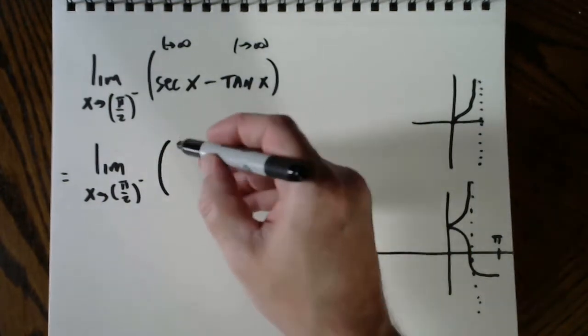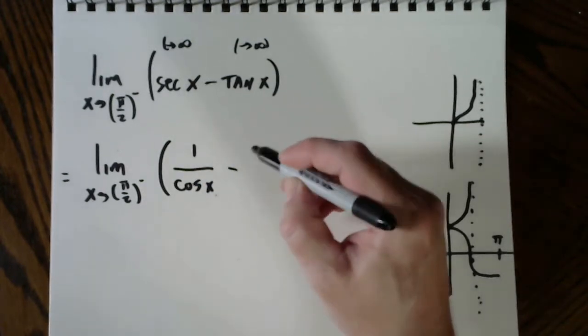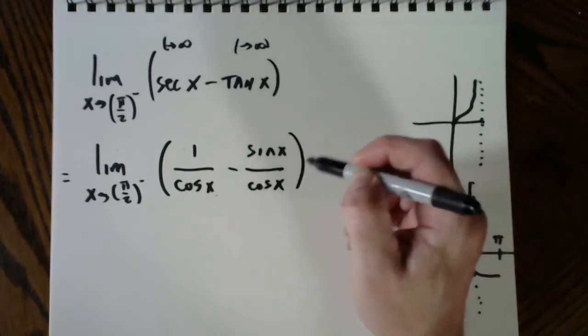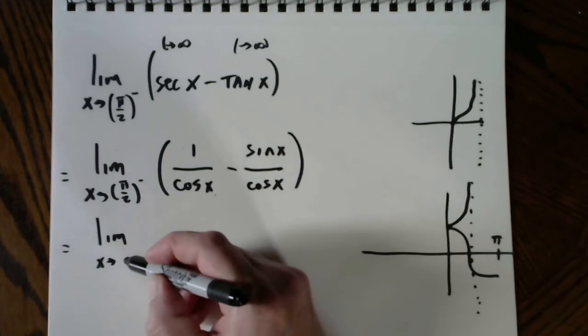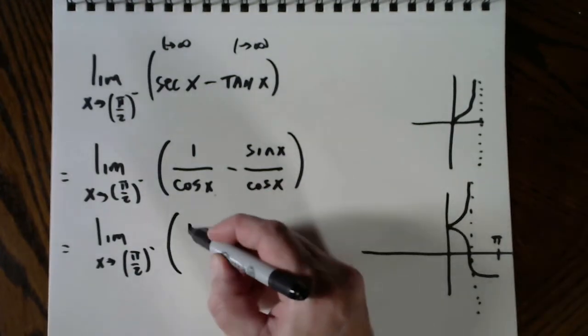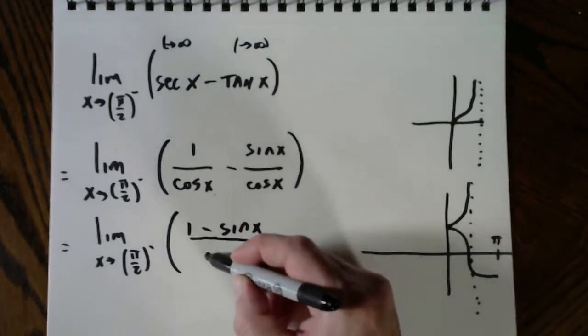What's secant? Well, 1 over cosine, right? What's tangent? Sine over cosine. So fortunately, I have a common denominator. 1 minus sine over cosine.